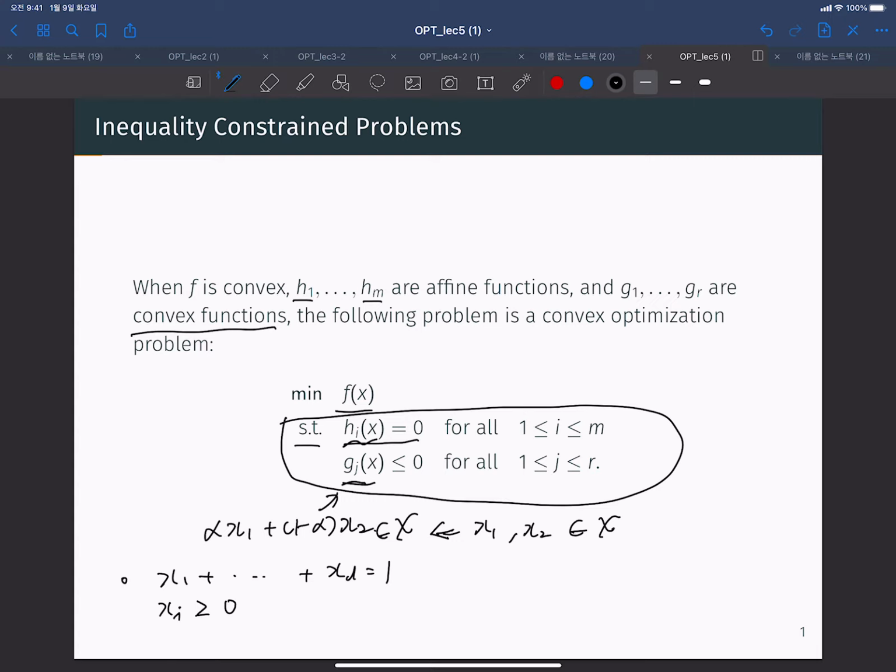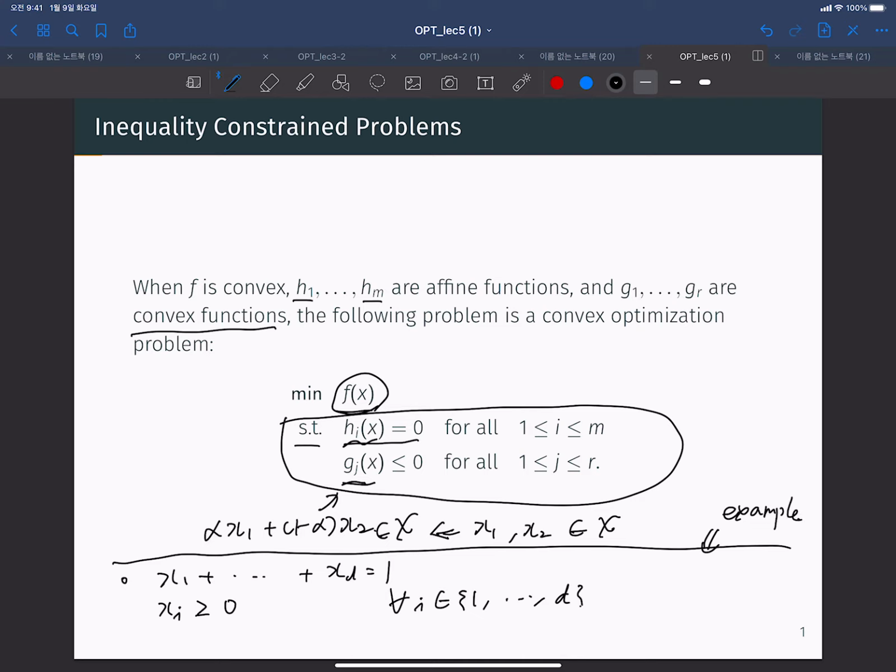That must be non-negative for all indices i from 1 to d, because we consider a d-dimensional probability vector.